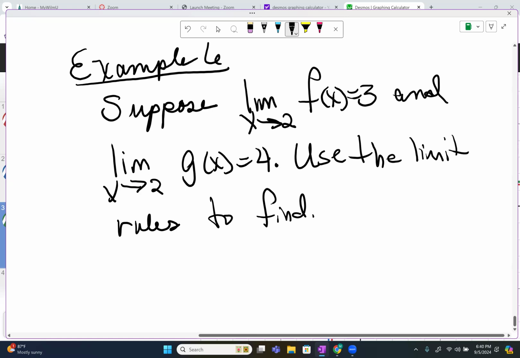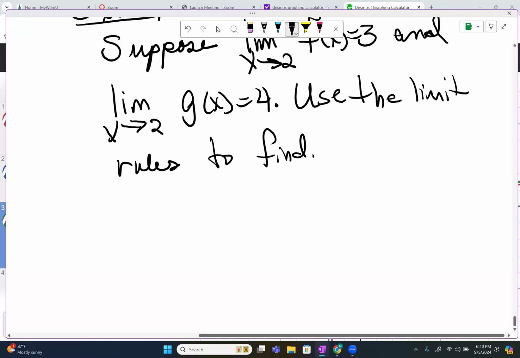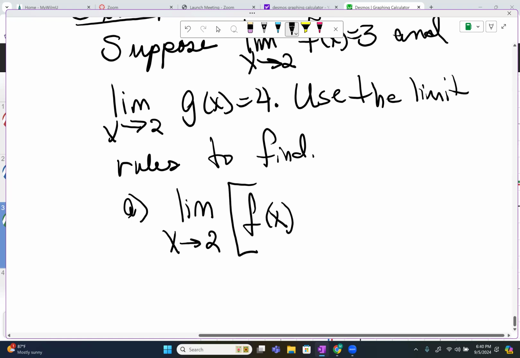In A, let's find the limit as x approaches 2 for f of x plus 5 times g of x.